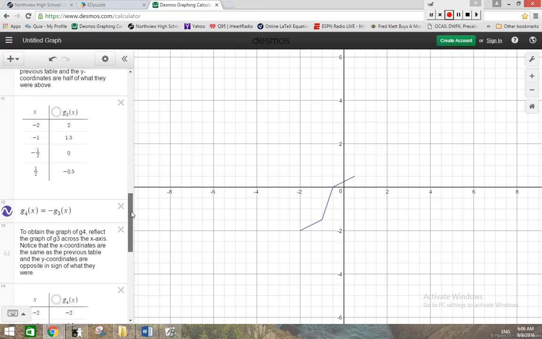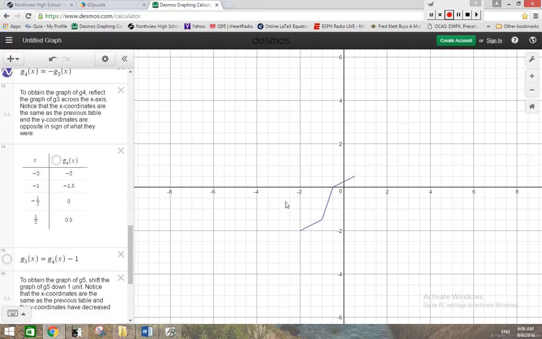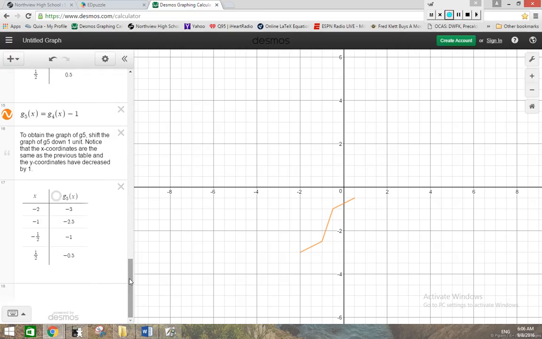Then we have one final transformation to do, and that's to push this down 1 unit. And we do that, and there is our final graph. And here's that final table that's illustrating the endpoints of these line segments. So that's the final answer that you have on your worksheet.